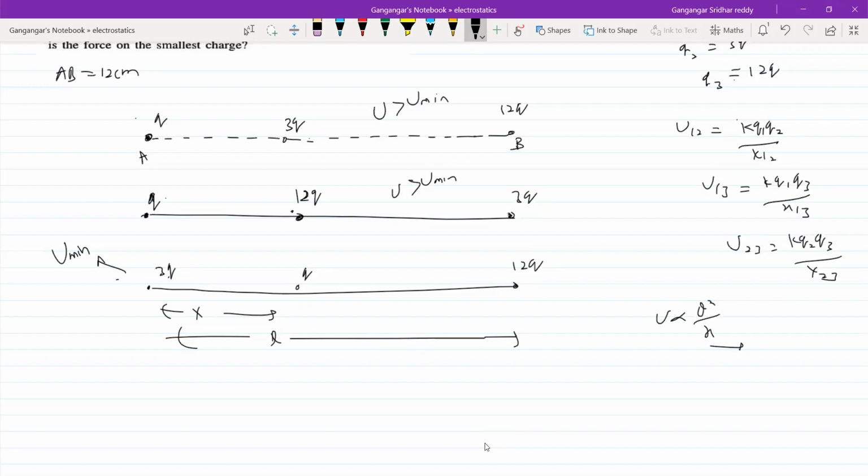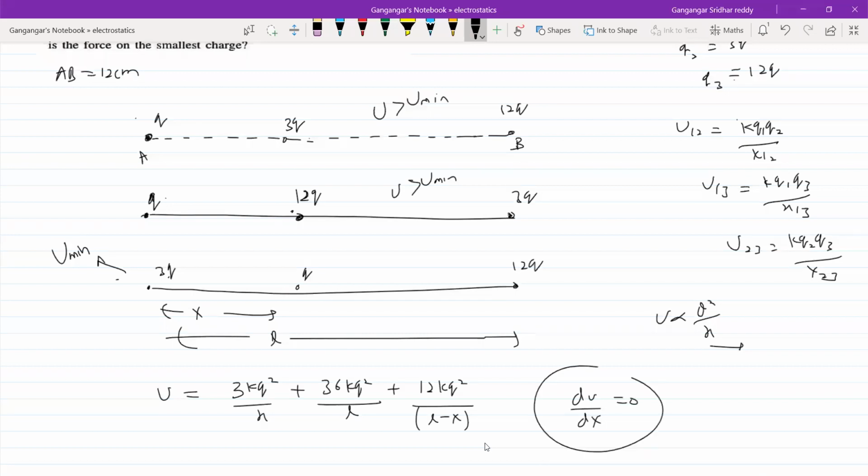That value of x should be more, then only the potential will be minimum. So write down the equation. Total interaction potential will be 3k q square by x plus 36k q square by L, plus 12k q square by (L minus x). Differentiate this dU by dx and equate to 0.